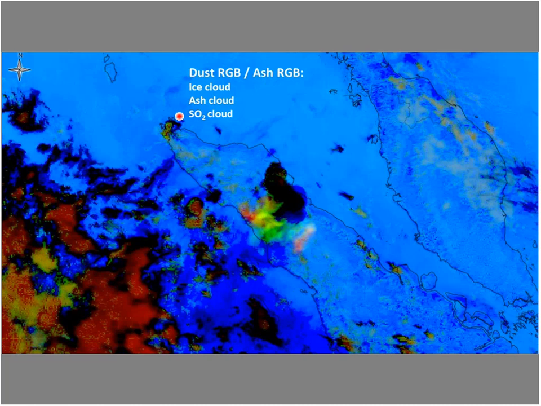So now please take your annotation tools and point to the ice cloud first. I am sure you know which one is the ice cloud. Okay, yes, we have some ice clouds here on the left.